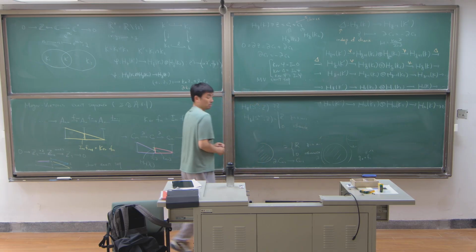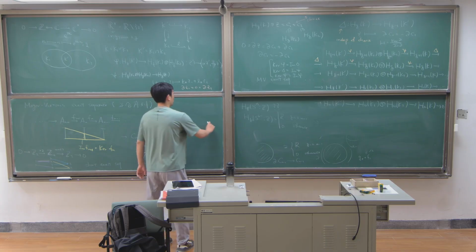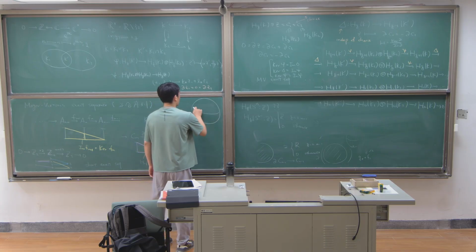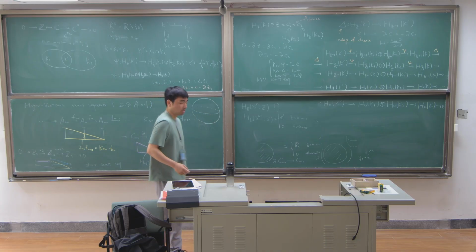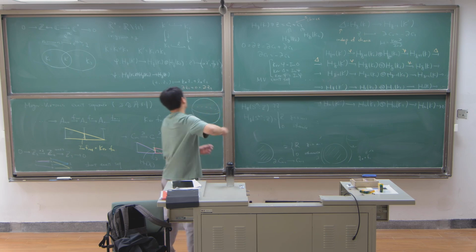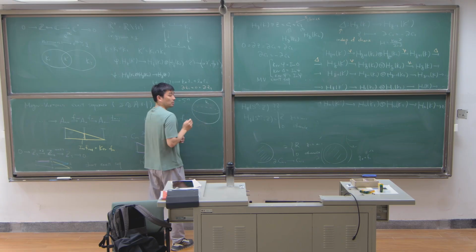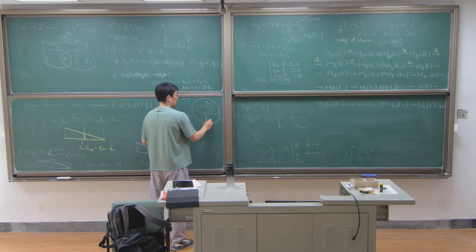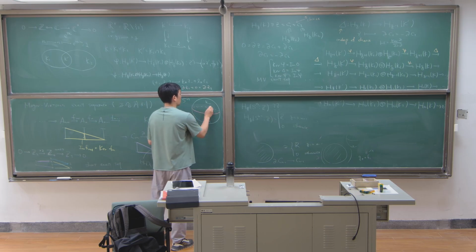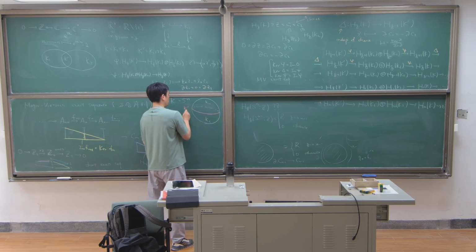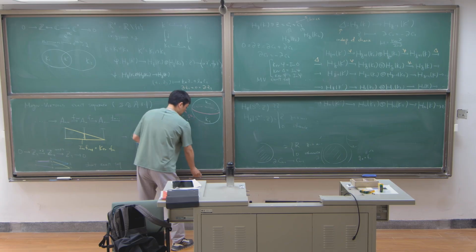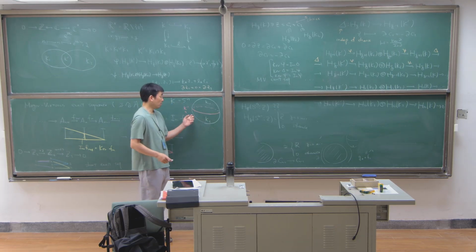So this is Sn, and this is K, and K1 is the northern hemisphere, K2 the southern hemisphere, and the intersection is this one. The intersection is K prime, which is Sn-1. It's an equator, which is the n-1 sphere.